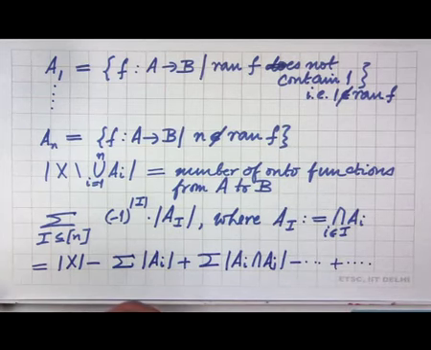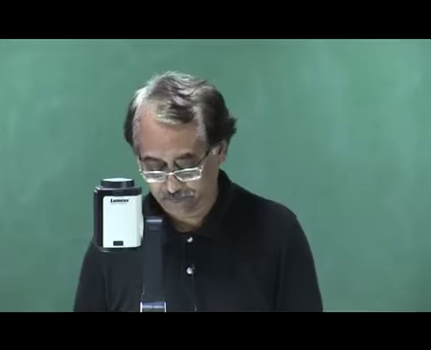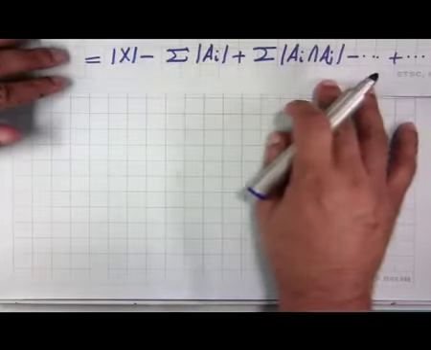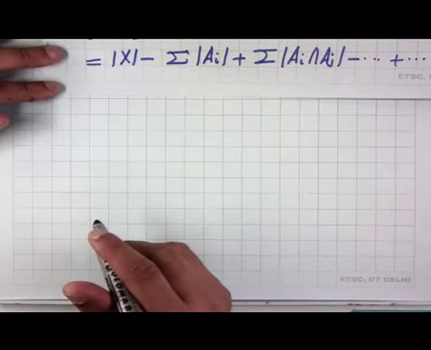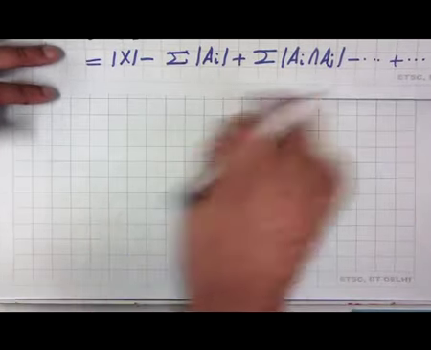And all we have to do, therefore, is to evaluate each one of these. Well, let's look at the first few, and then perhaps we'll be able to figure out what the general pattern is.